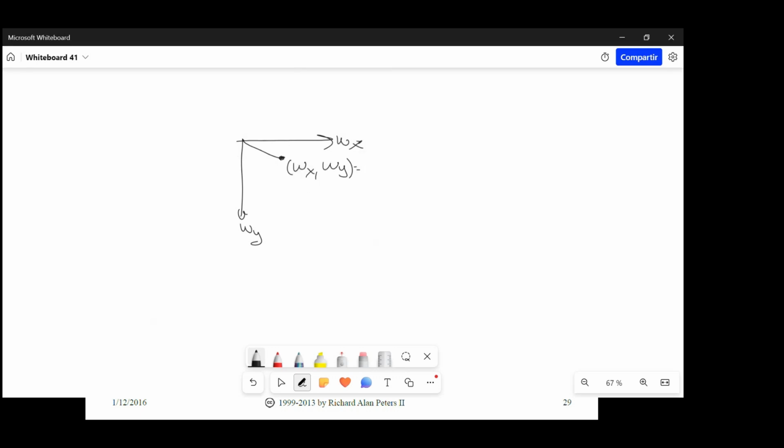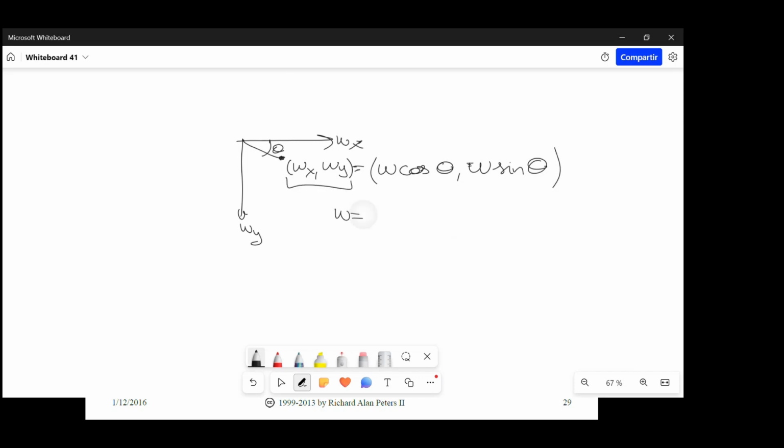You can also put it in polar coordinates as omega times cosine theta, omega times sine theta, and omega is just this thing.